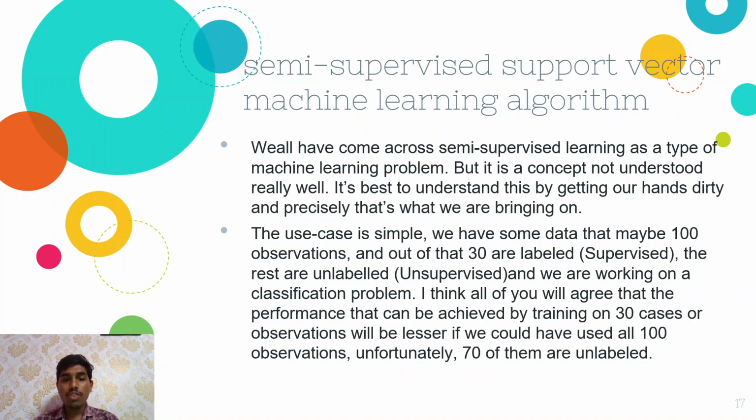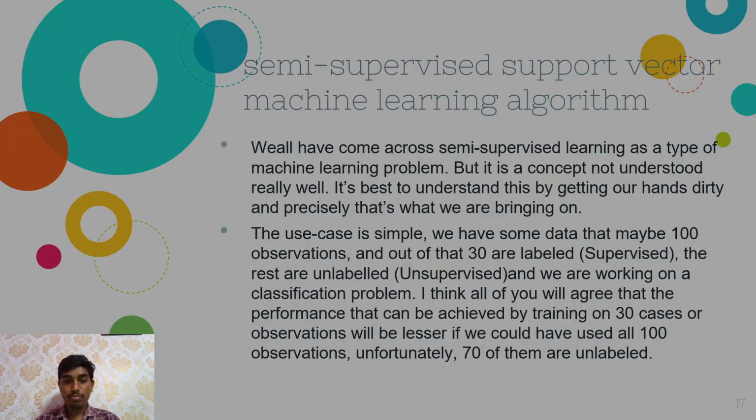We are working on a classification problem actually. I think all of you will agree that the performance achieved by training across 30 cases or observations will be lower than if we could have used all 100. Unfortunately, 70 of them are unlabeled.